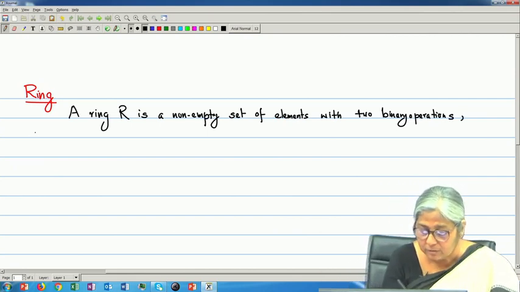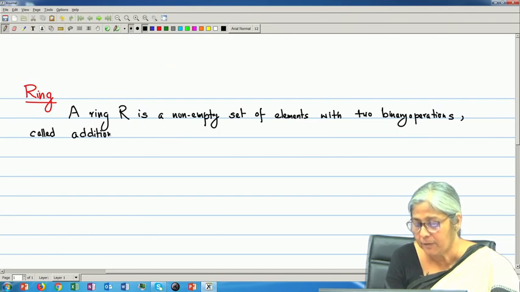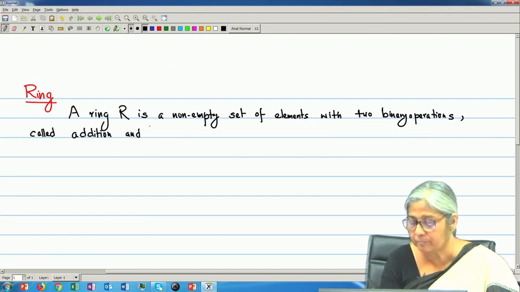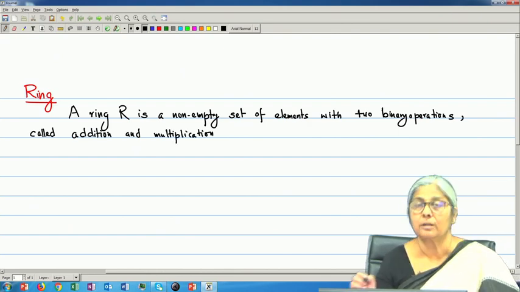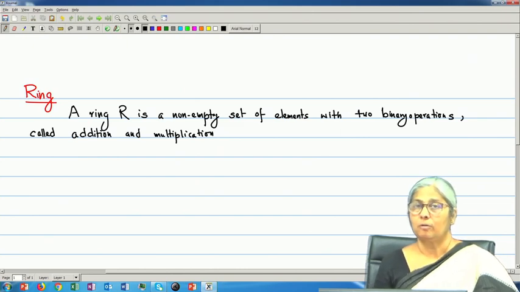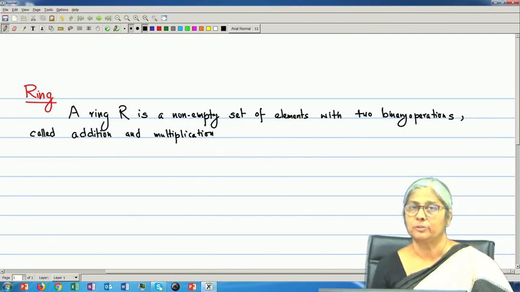Normally we call these two operations addition and multiplication, but this addition and multiplication may not be our ordinary addition and multiplication.